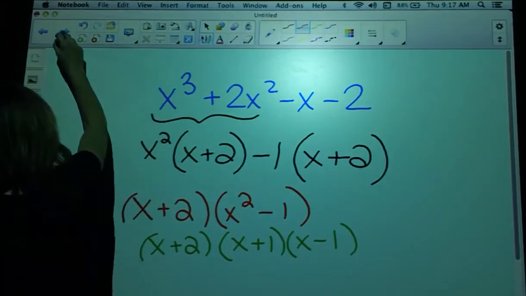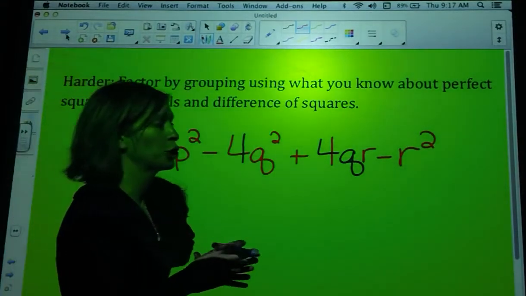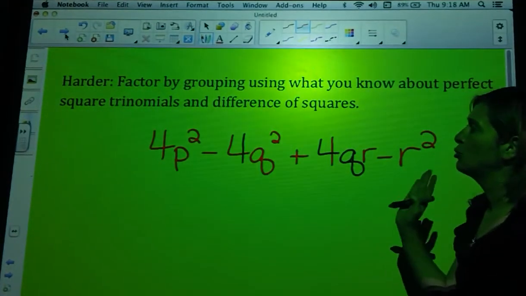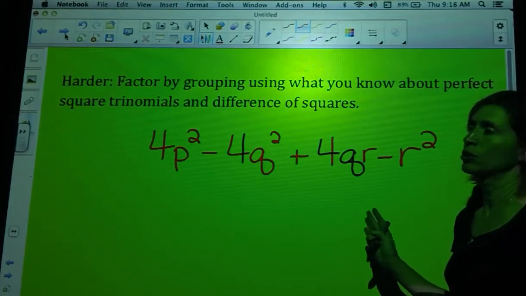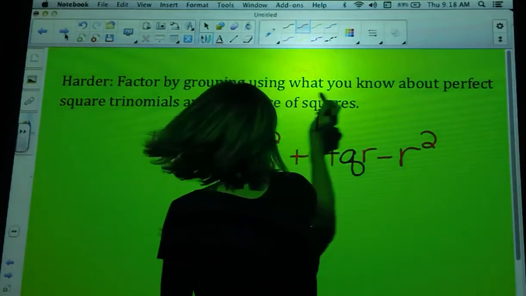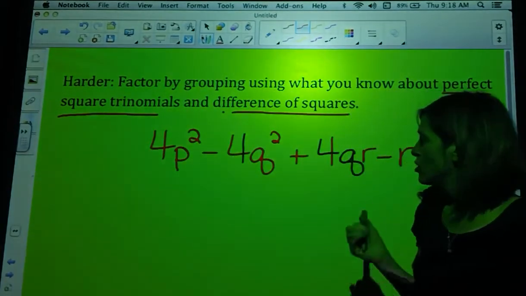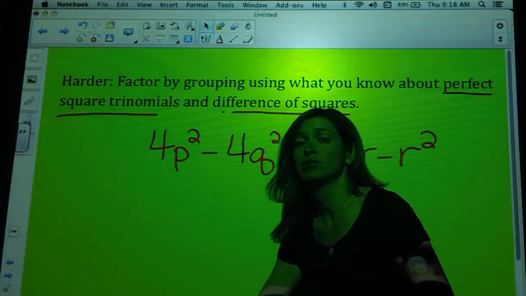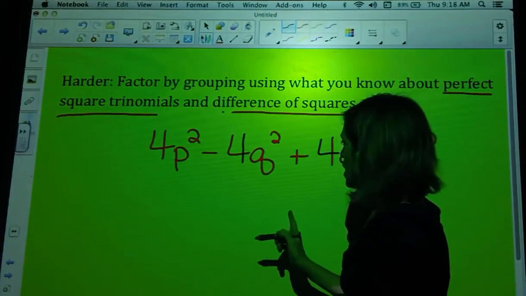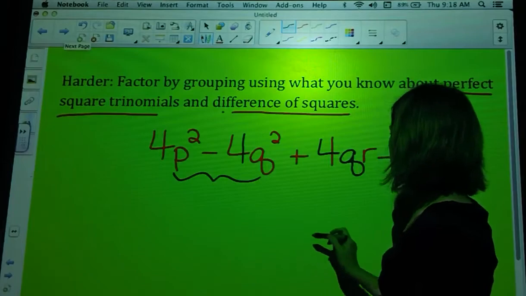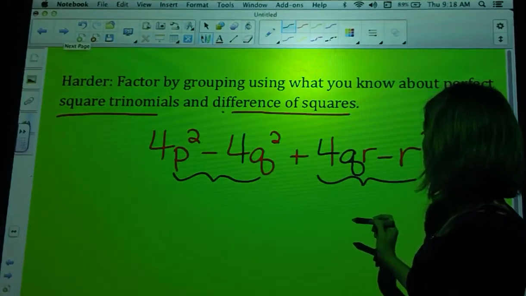Now, grouping can be harder, because sometimes we have to really pay close attention to sets of numbers and see if we can recognize perfect square trinomials and difference of squares. So I looked at this and thought, okay, just watch right now, no writing. These guys have a common factor of a 4, and these have a common factor of an r.